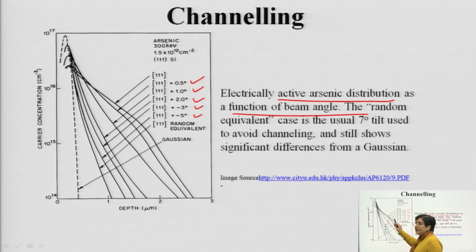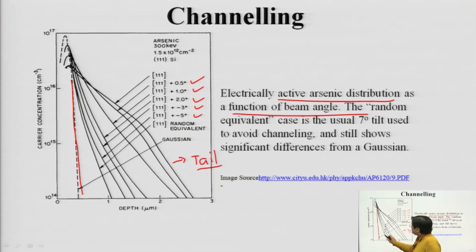For every 1 degree tilt in a 111 wafer, this is the Gaussian profile which is expected. But with every 1 degree tilt you will find a change in the profile, because the number of scattered ions will alter, there will be effective channeling, and a tail will be produced in the Gaussian profile.